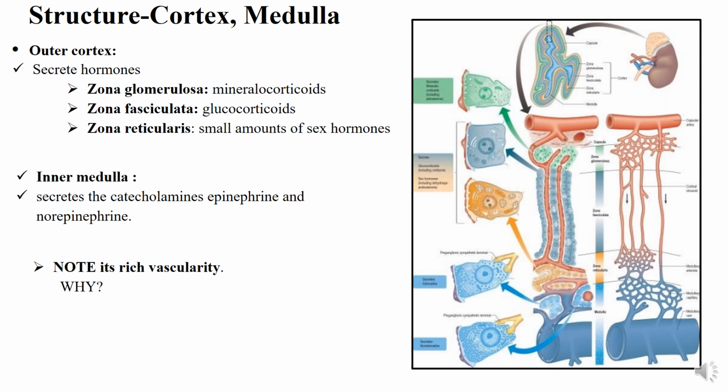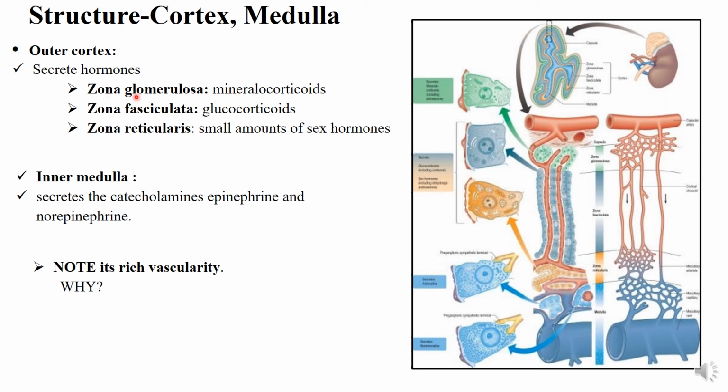If we look into the internal structure of the gland, we will find that the suprarenal gland has two parts, the cortex and the medulla. The cortex has three layers: the zona glomerulosa, zona fasciculata, and zona reticularis. Each layer is responsible for producing different hormones.